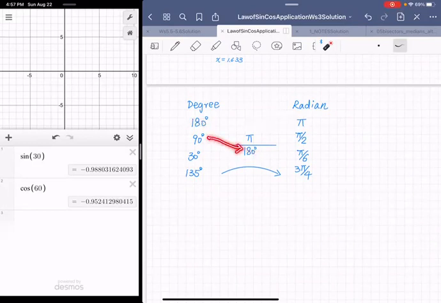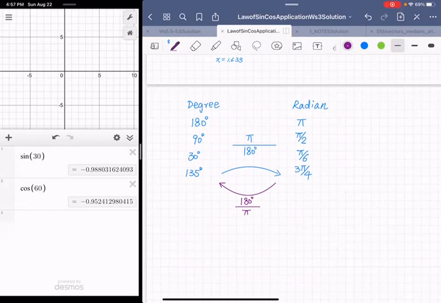This 90 divided by 180 is 1/2, so pi over 2. Make sense now? So this is the conversion in this direction. Then the conversion in the opposite direction is this way, okay? You are going to times 180, and then you divide by pi. All right? Does that make sense?